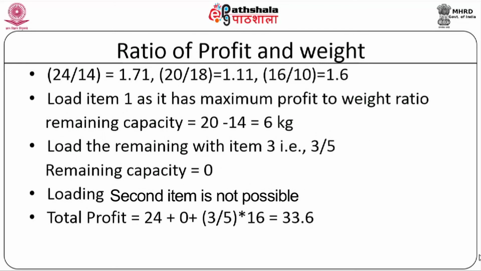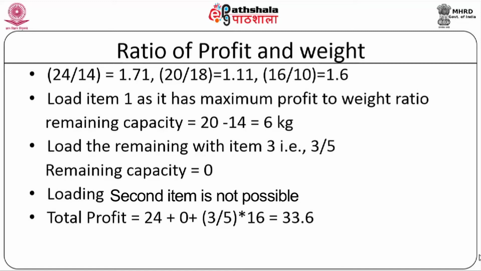So, we will try one more thing, that is we will take the ratio of profit and weight, Pi divided by Wi. Let me calculate the ratio of all the items. It is coming as 1.71, 1.11 and 1.6. So, the item that is having the maximum profit to weight ratio is item 1.